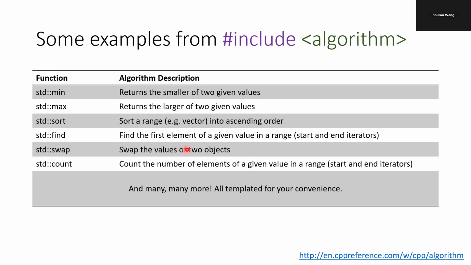Find finds the first element of a given value in the range. So find points to the first element found as an iterator. Swap swaps the values of 2 objects. Count counts the number of elements of a given value in the range. The range is given still by start and end iterators, and many, many more. All of them are templated.